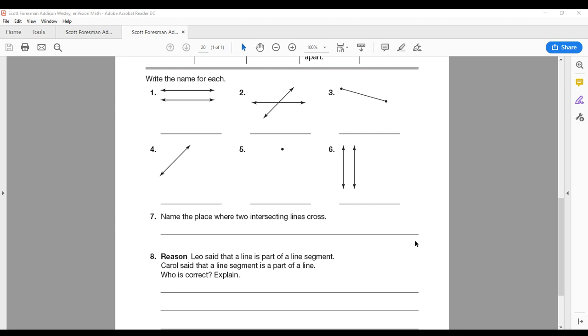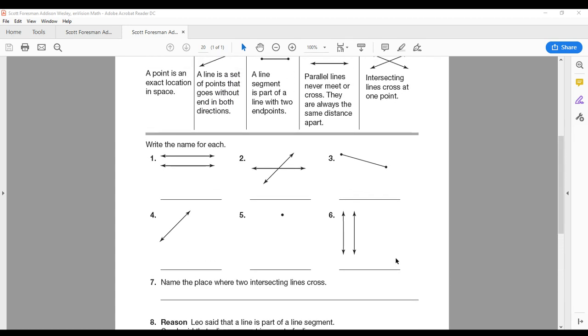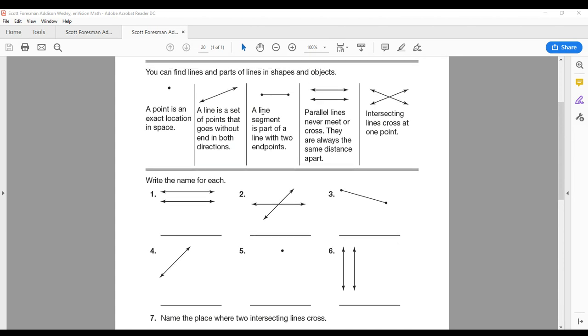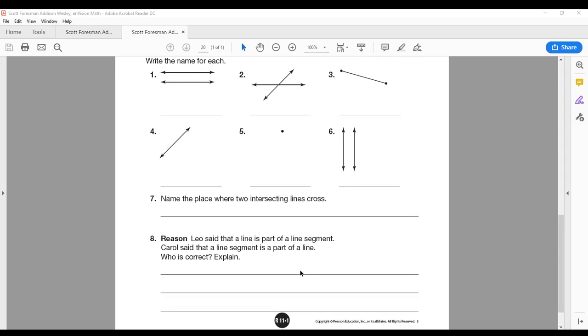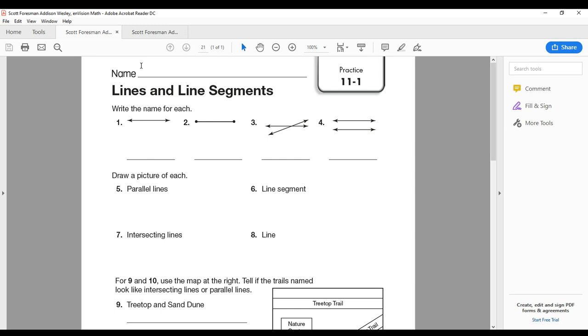Carol said that a line segment is part of a line. Who is correct? Explain. Well, Carol is correct, and that's because, right in our definitions, we know that a line segment is part of a line. So Carol is correct.